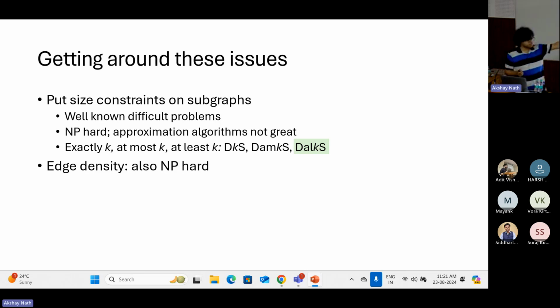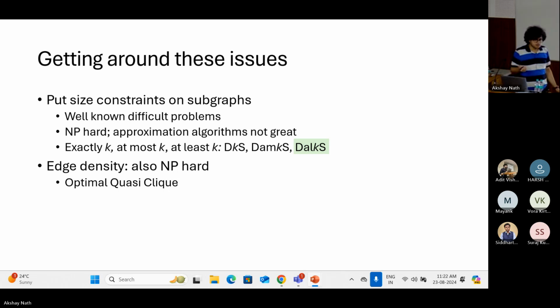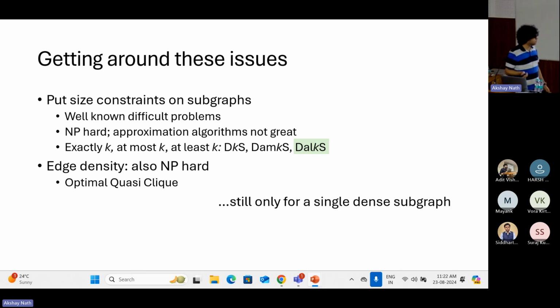So that edge density thing is a slightly weird quantity because basically you take any edge and that's maximum for that. There are variants of that called the optimal quasi-clique problem. Essentially you measure how far your graph is from a clique and normalize it with some size term. Those are also hard, and there's not nearly as much work on that.